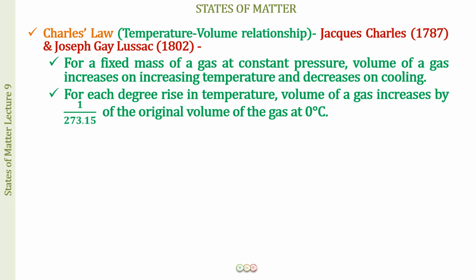So what this means is that if we have a gas at 0 degrees Celsius, supposedly the volume is V naught, right? Now I'm going to increase the temperature of the gas and take it to 1 degree Celsius. Now what is going to be the increase in volume? The increase in volume is going to be 1 by 273.15.